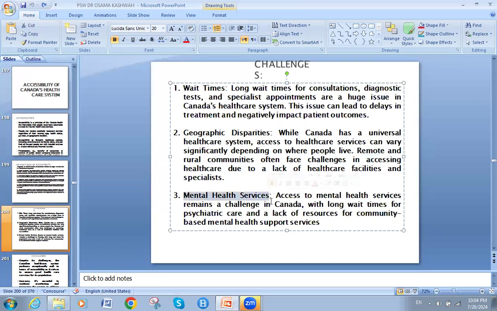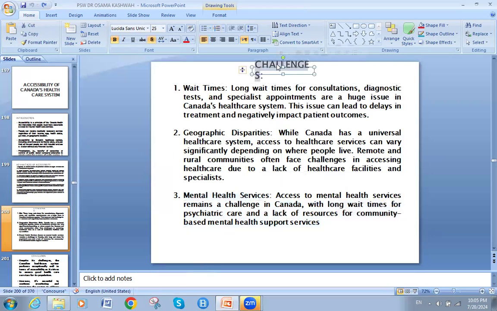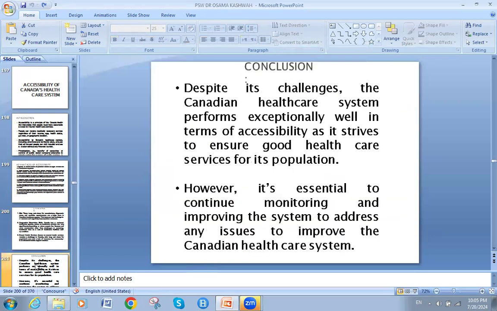Mental health services also. Access to mental health services remains a challenge in Canada, with long wait times for care and a lack of community resources. So mental health care also has some issues, and this is one of the challenges of the insurance plan, OHIP.